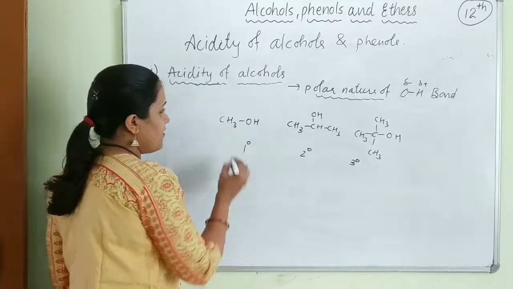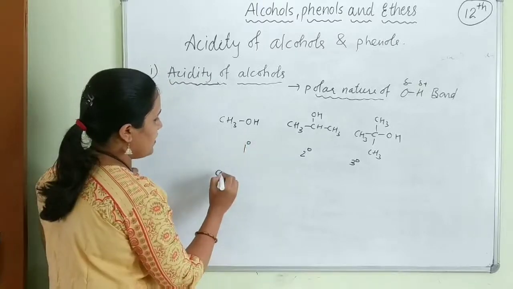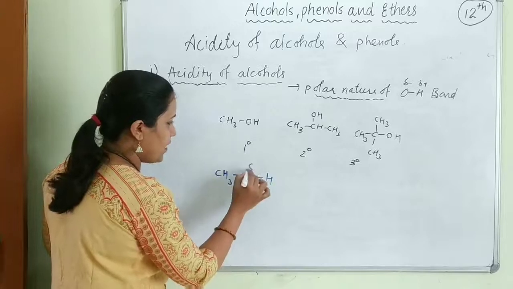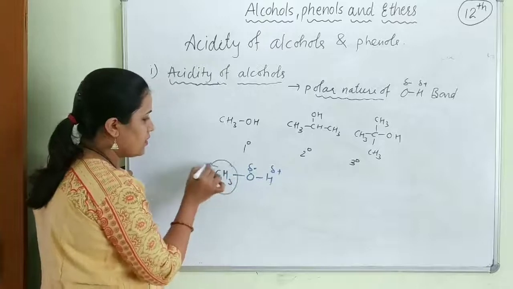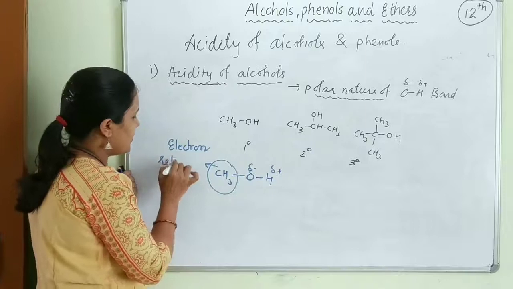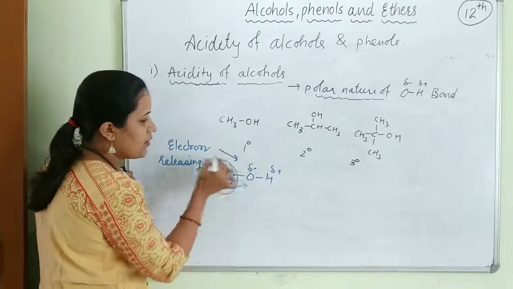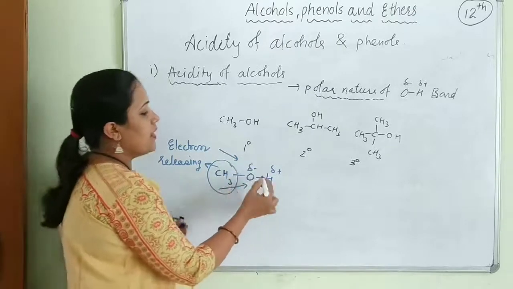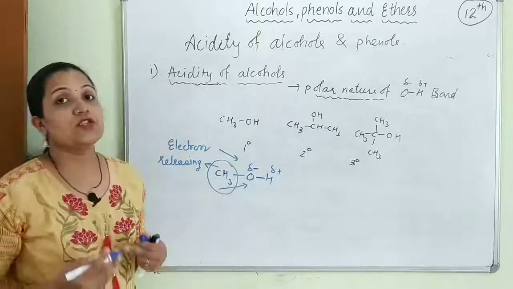If I take an example of primary alcohol like CH3OH, students, see, this will acquire a partial negative charge, this will acquire a partial positive charge, and the nature of CH3 is electron releasing. So it will release the electron, and there will be an effect on its polar nature.